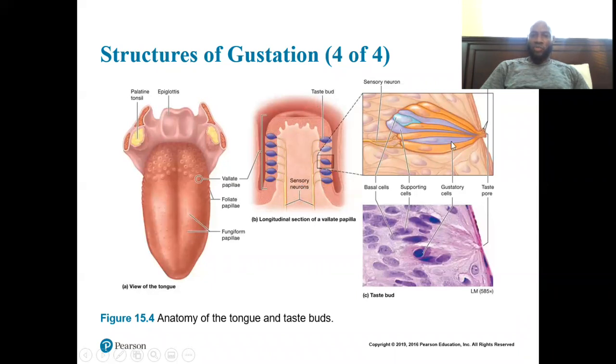And then it shows it in even closer detail here. The microvilli, basal cells, which differentiate into new cells that'll sense taste, supporting cells, gustatory cells.